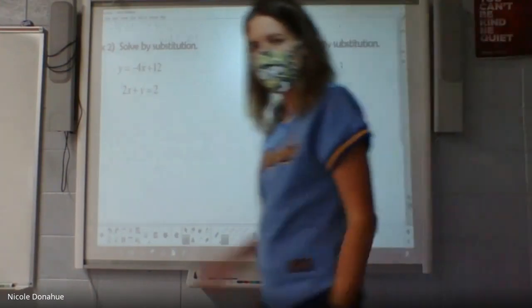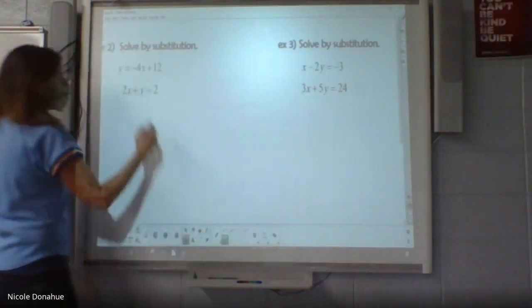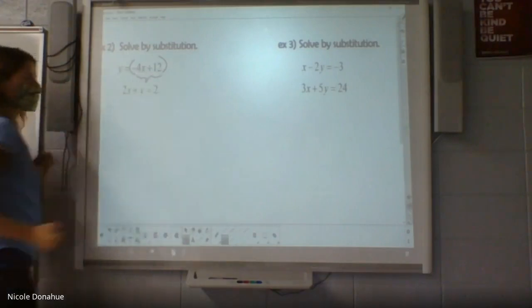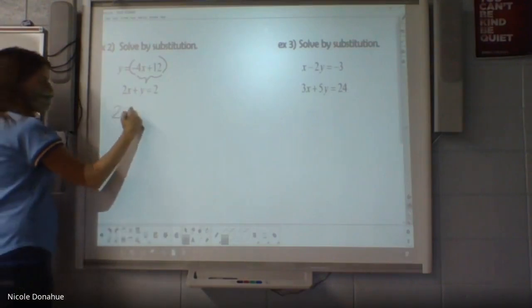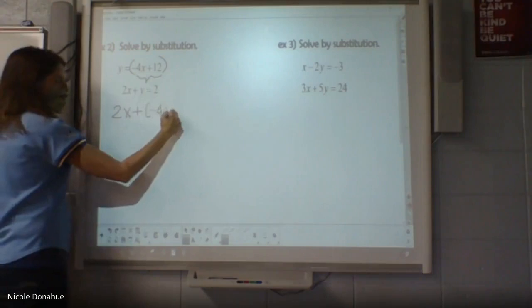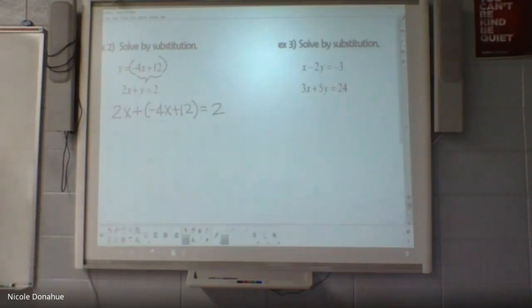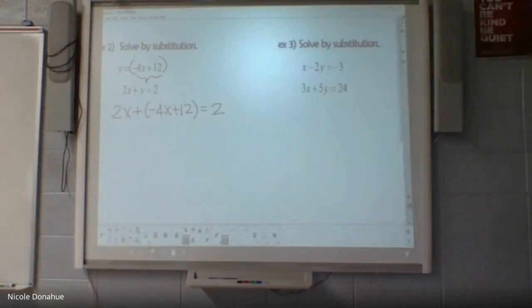Okay, my rain boots. So the next one, guys, same idea. We already have a variable alone. So this y, that's going to go in place of the other y. Now this one's even a little bit easier because the y doesn't have anything it's being multiplied by in the other equation. So we don't even really need the parentheses or to distribute at all, but we can use them anyhow. So I get 2x plus this negative 4x plus 12. Now again, the parentheses in this case aren't really necessary, but it doesn't hurt just to be in the habit of using them.